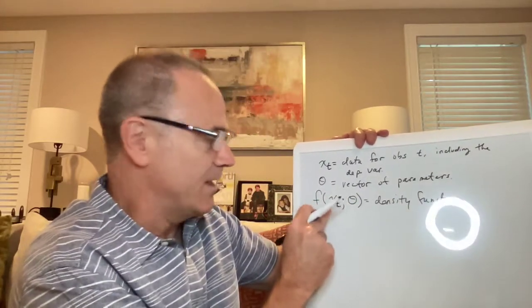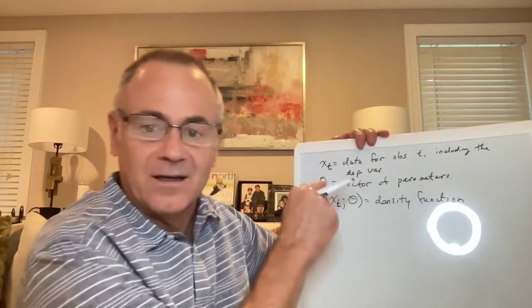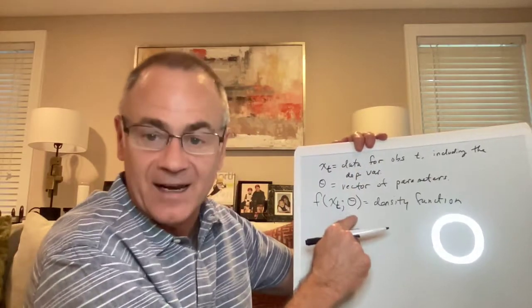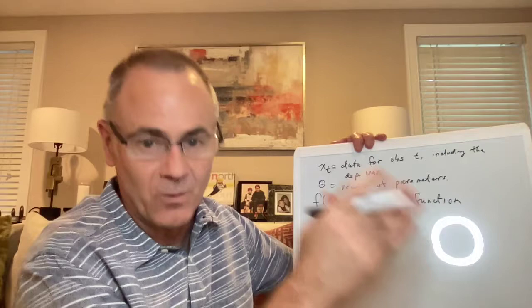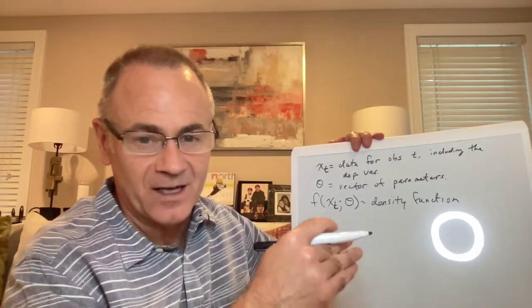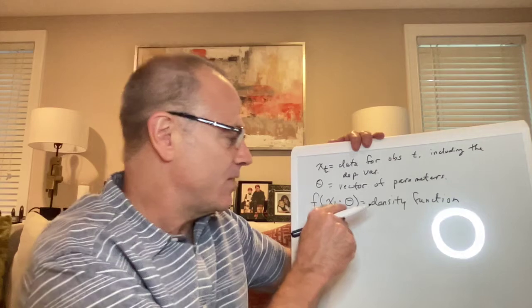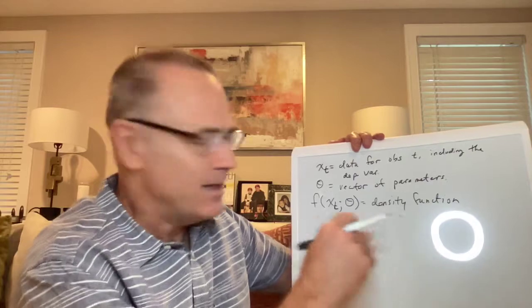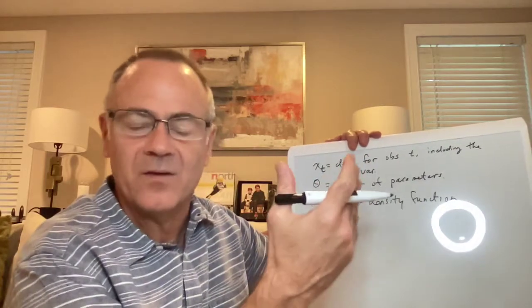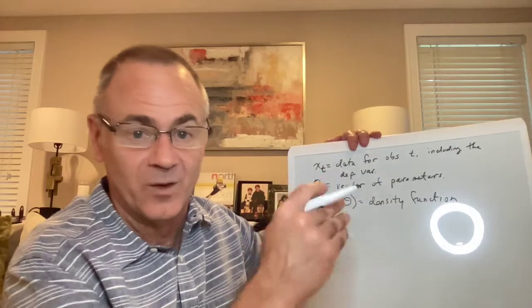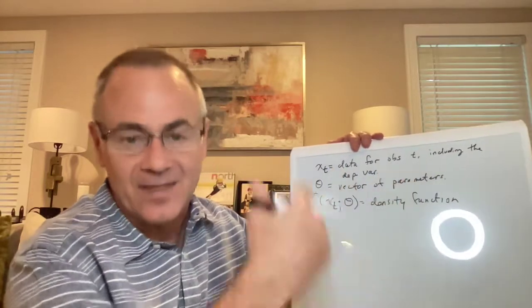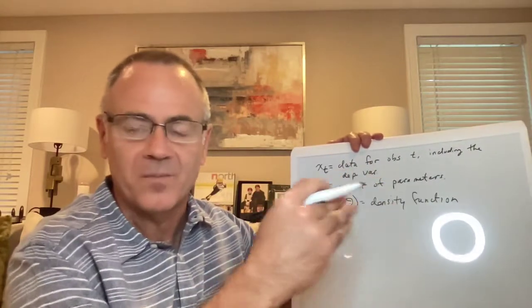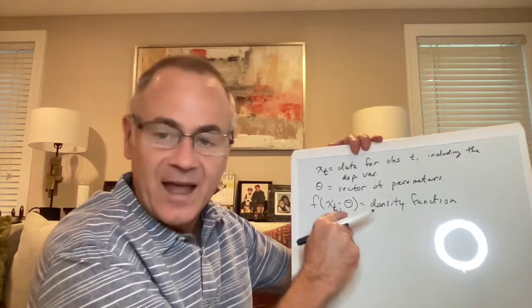It'll be the probability that the data are equal to the value of x sub t, given theta. Usually when we write a probability density function, we treat it as if the parameter is given. That's already been chosen by nature, and then this x, including the dependent variable, will be a random variable. So we'll talk about the probability that the dependent variable is a certain value, where that x sub t will be a certain number, but we'll treat it as if that theta is given.